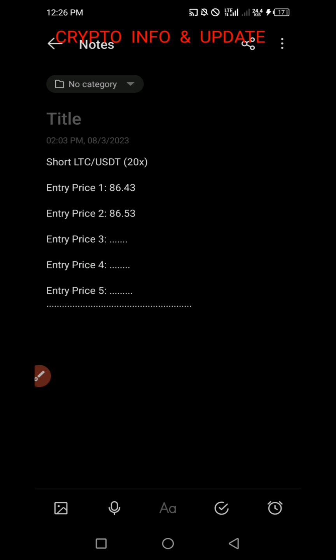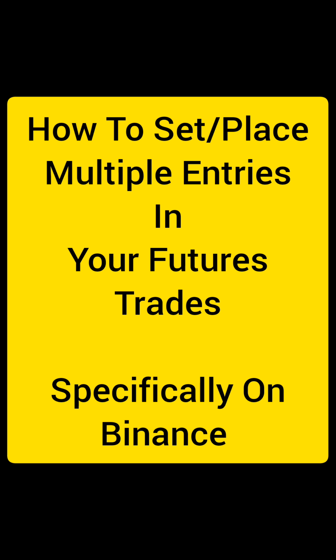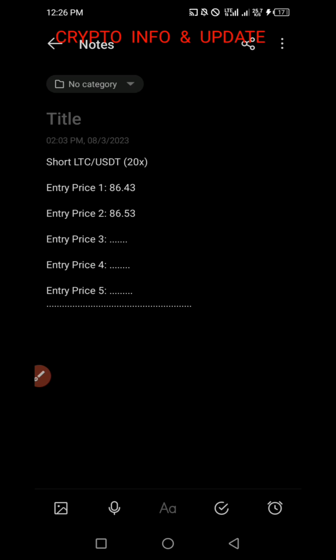In today's tutorial I want to talk about how to place multiple entries in your futures trade, specifically on Binance. I'm going to be using this signal here as a case study. The signal says short LTC USDT, use 20x leverage. Entry 1 is 86.43.